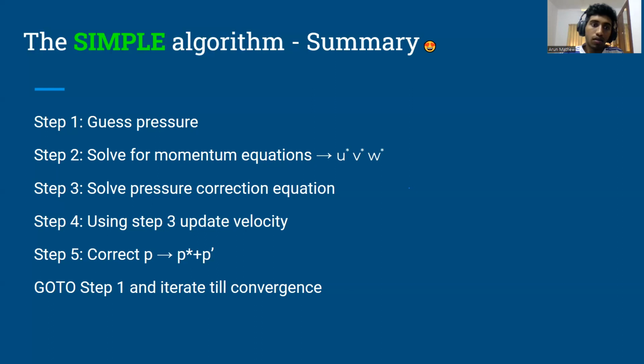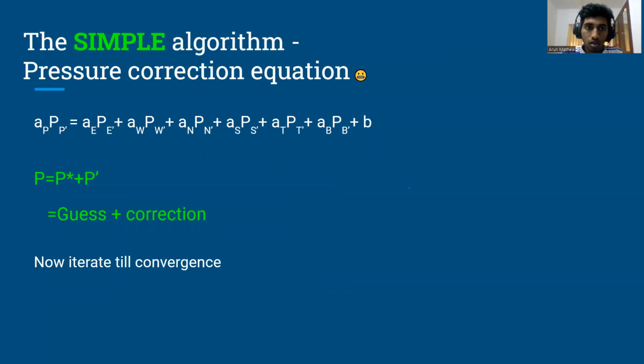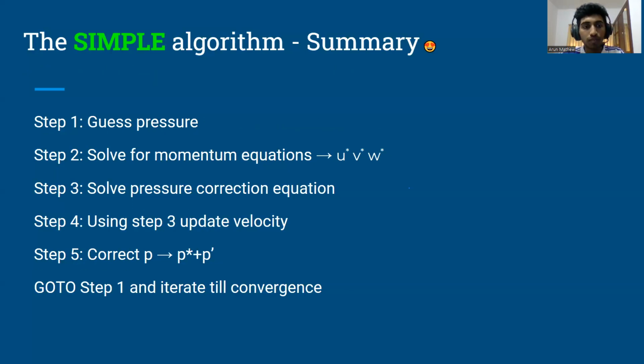With that, we solve the pressure correction equation. Using step 3, which is solving the pressure correction equation, we update the value of velocity.